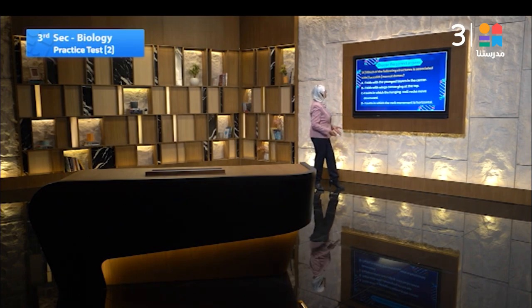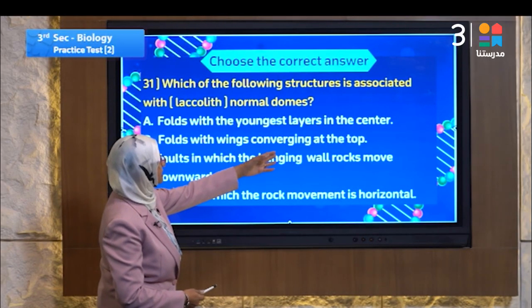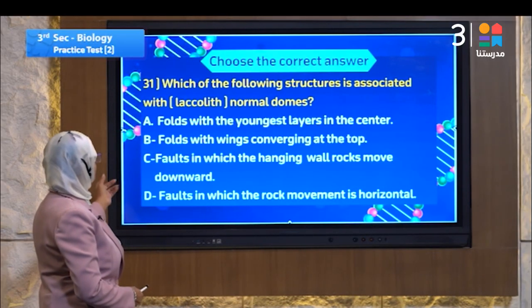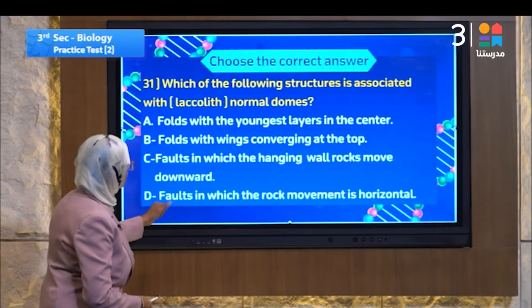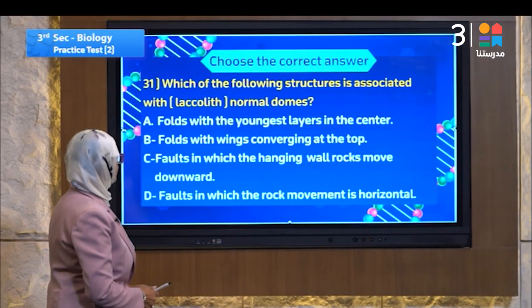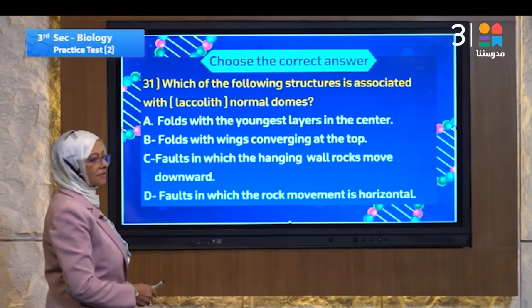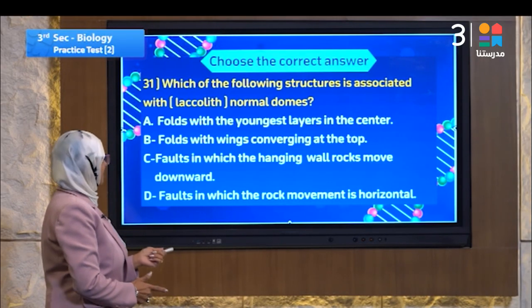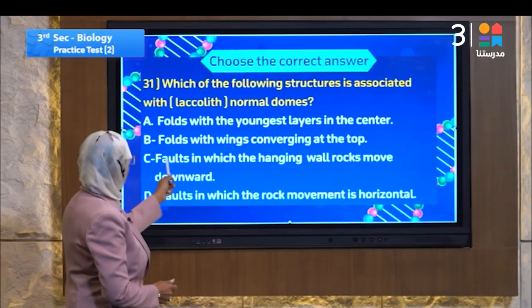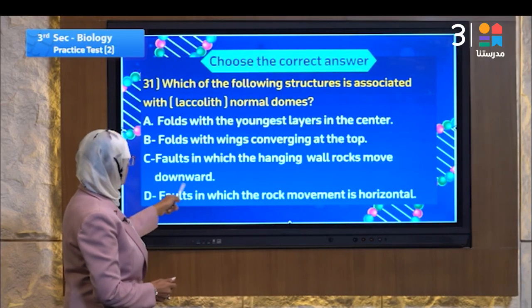Let's find it. A, fold with the youngest layer in the center. B, fold with the wings converging at the top. I think that one is right. Let's read the others. C, fold in which the hanging wall rocks move downward.